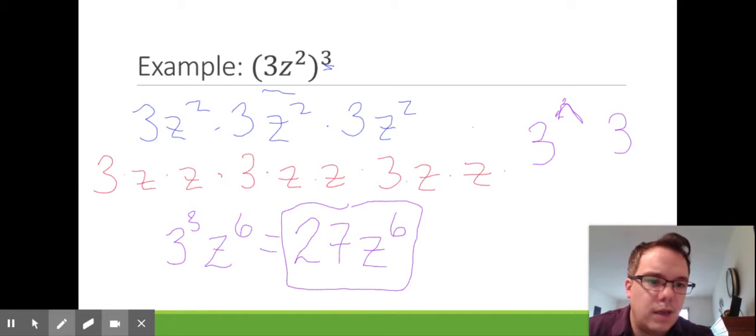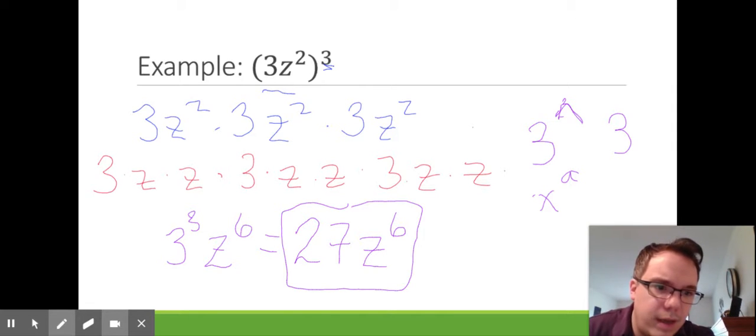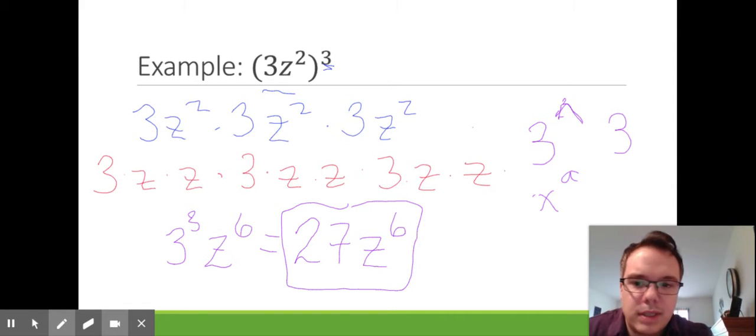If you're using an online calculator, you might be looking for a little power button. Sometimes the one on the calculator looks like x to the a or something like that. That would do a power for you. But since we know what 3 cubed is, we're going to actually plug that in to get 27. So our answer for 3z squared cubed is 27z to the 6th.